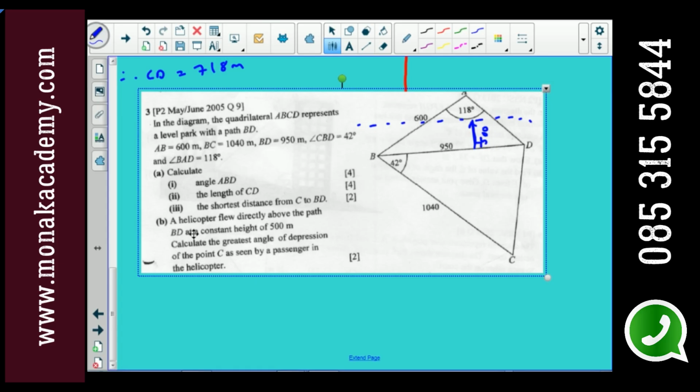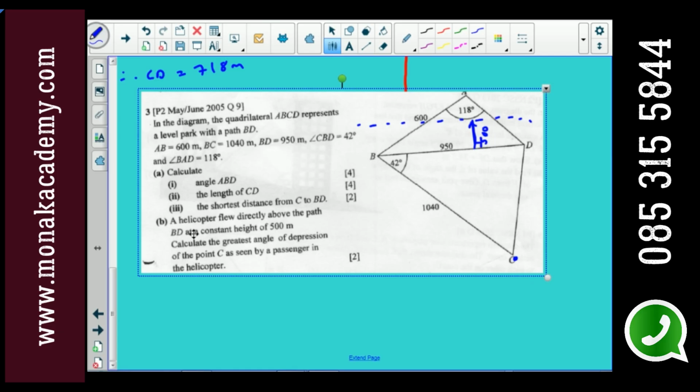If we draw any line that joins those two paths, it will definitely be 90 degrees, or they will meet at right angles. Now we're saying somebody is somewhere in the plane and is looking outside the window at point C, because they said calculate the greatest angle of depression of point C as seen by a passenger.